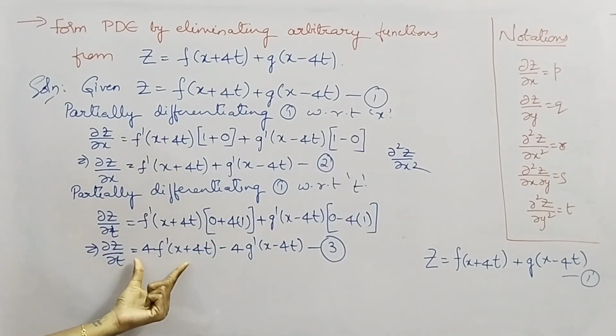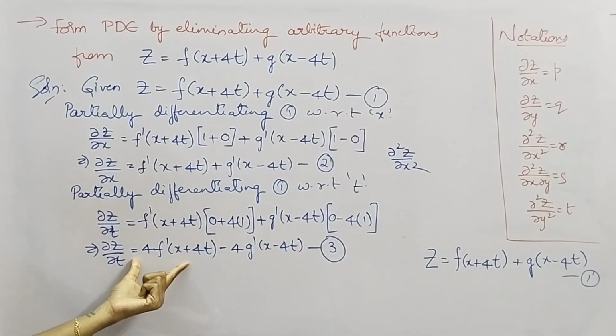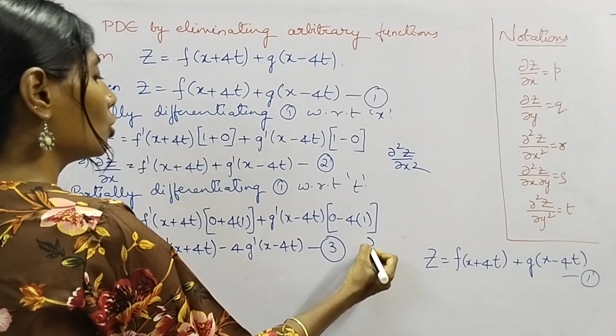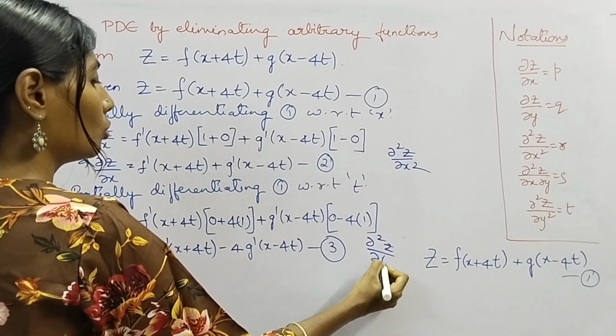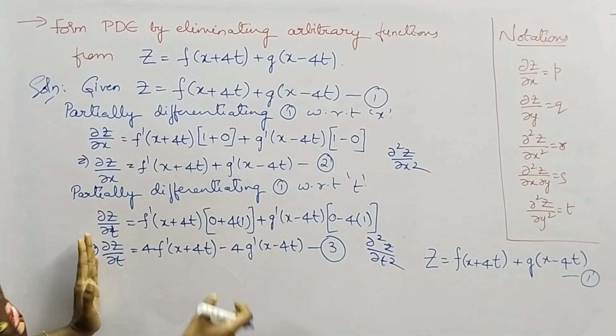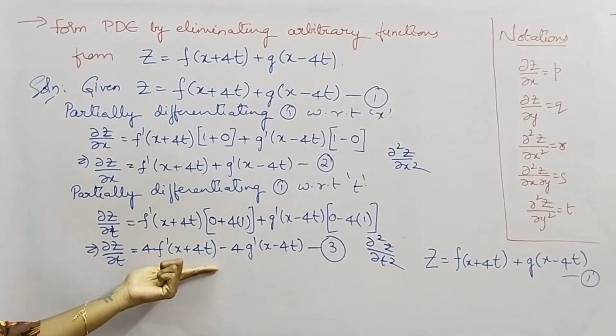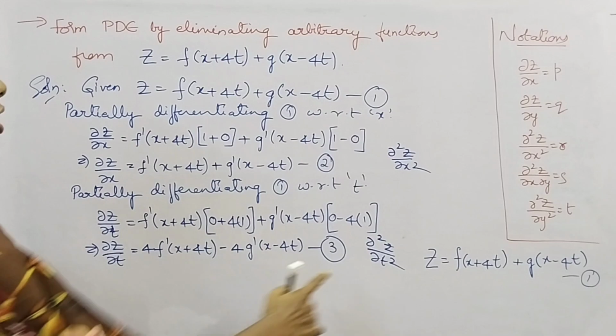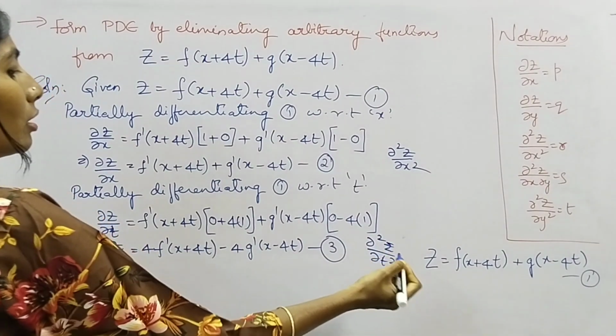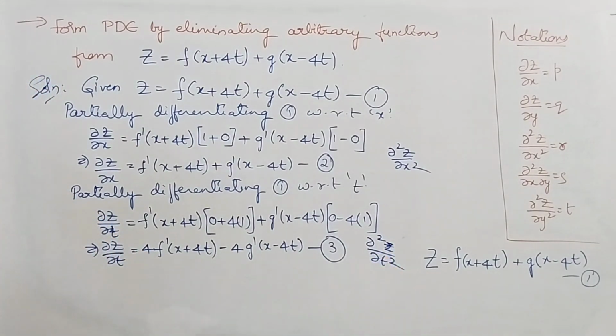And by partially differentiating equation 3 with respect to t, you'll get dou square z by dou t square. Okay, let's see that also.